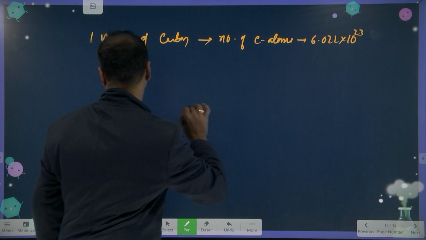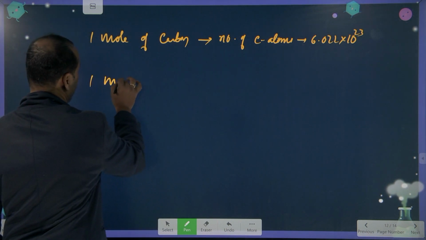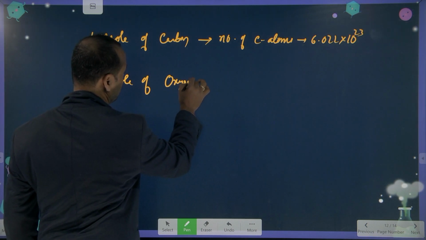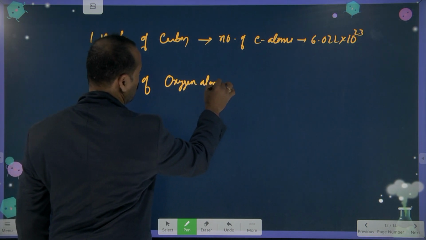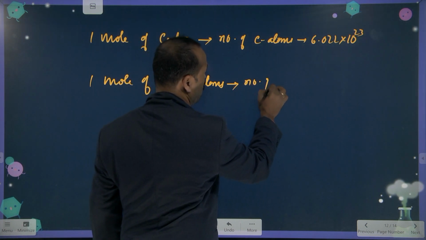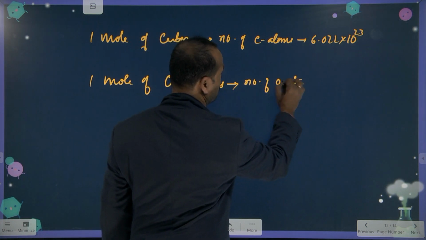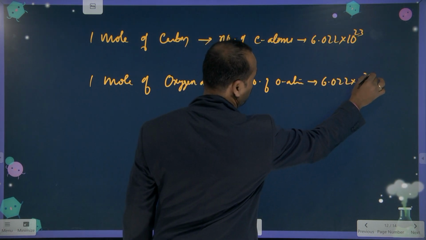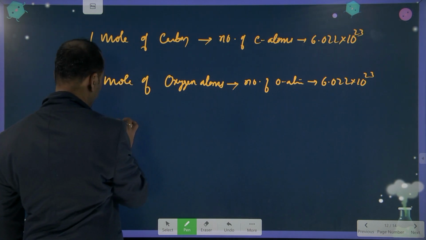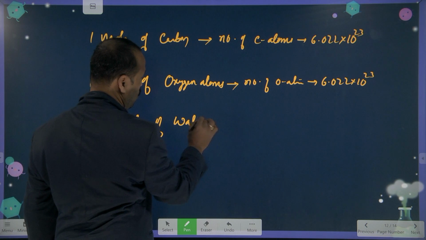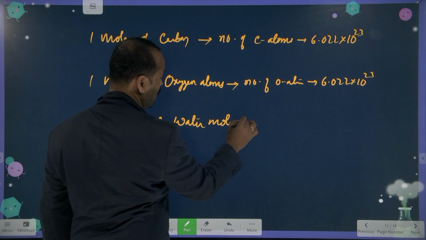Now for example, if I take 1 mole of oxygen atoms, how many oxygen atoms are there? The number of oxygen atoms is again the same, 6.022 into 10 to the power of 23. If I take 1 mole of water molecules, how many water molecules will be there now?